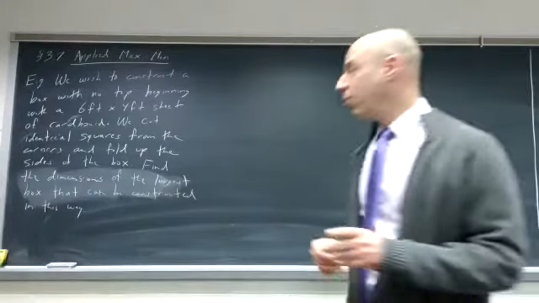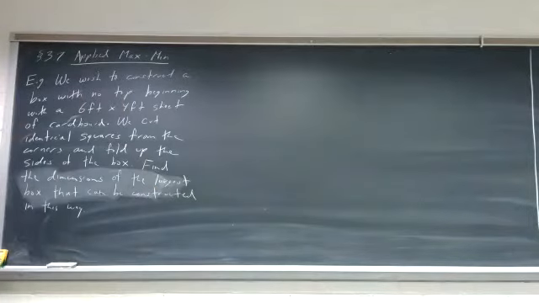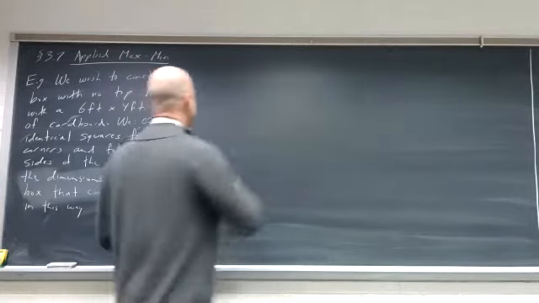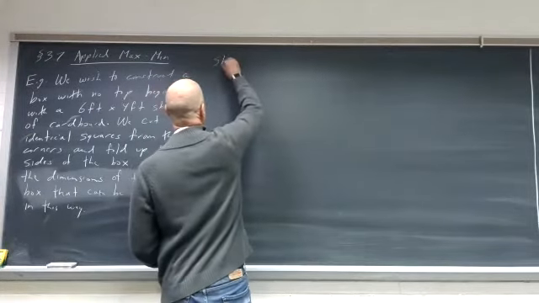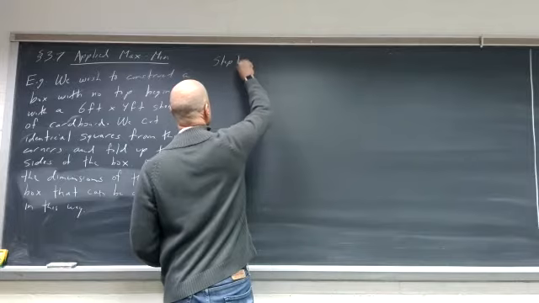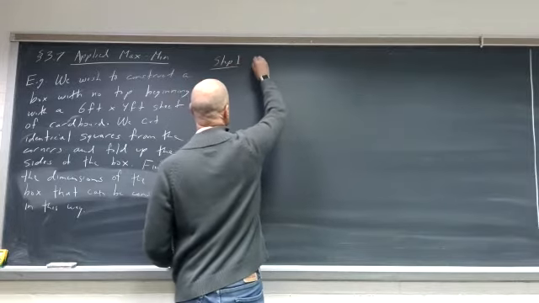So we're going to work through this in stages, the same way, or a similar way, to when we work through a problem with related rates. So step one, same step one we had with related rates, we're going to draw a picture.